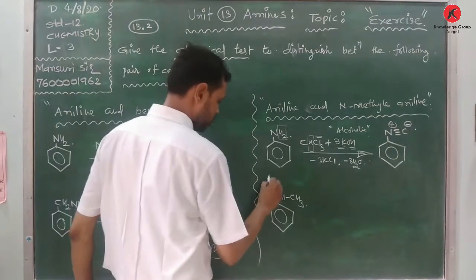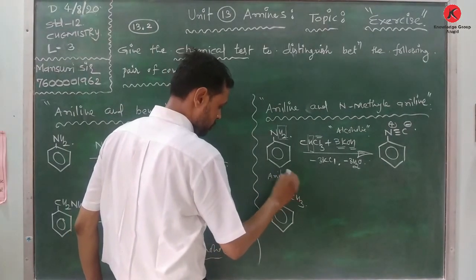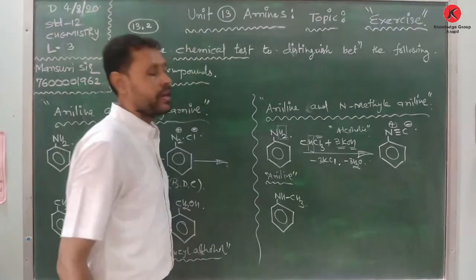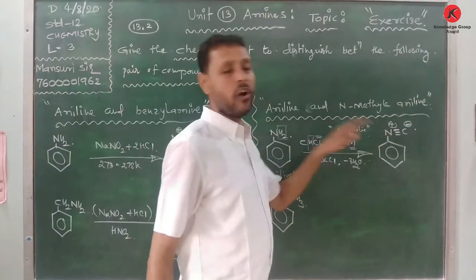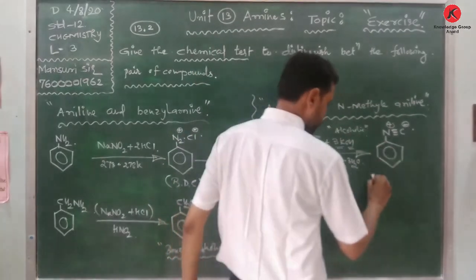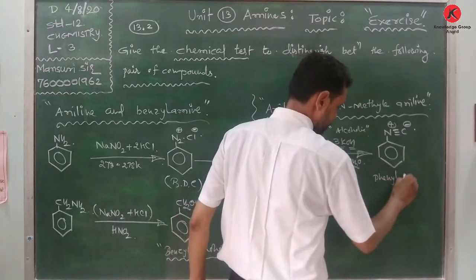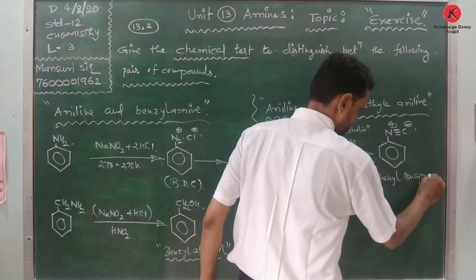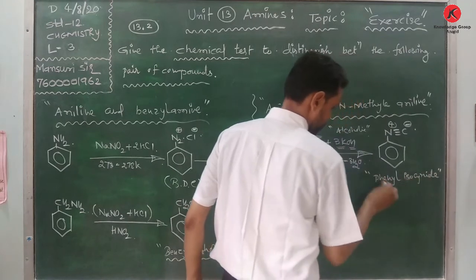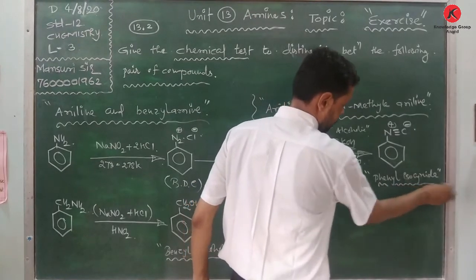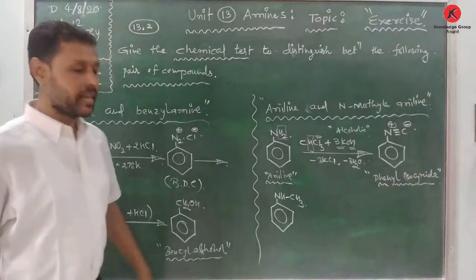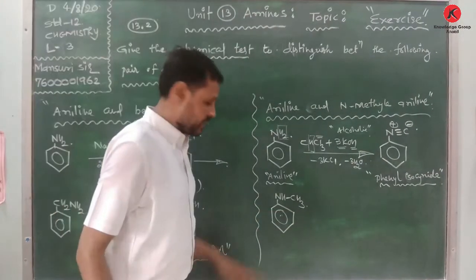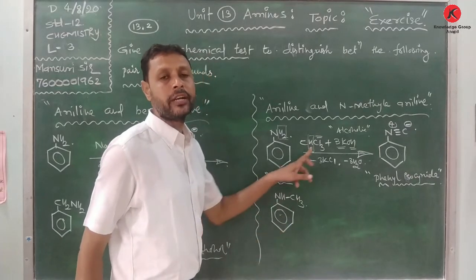So on reaction with chloroform and KOH, aniline forms phenyl isocyanide.